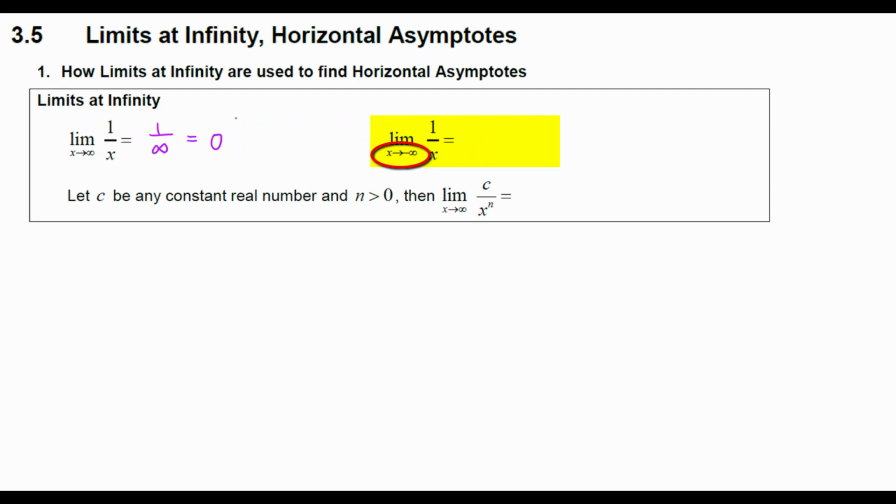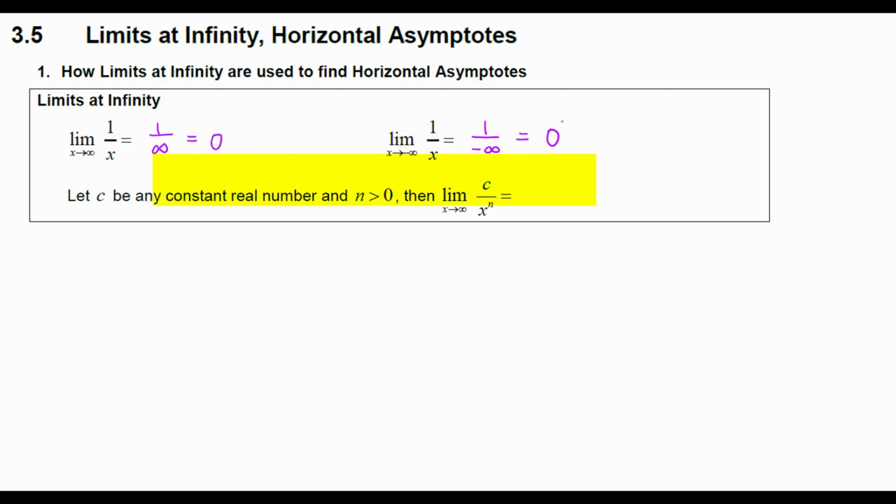And that is true even if the number in the denominator goes to negative infinity. So limit of 1 over x as x approaches negative infinity will be equal to 1 over negative infinity, and this still goes to 0.